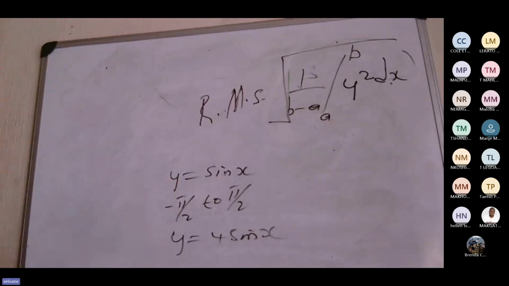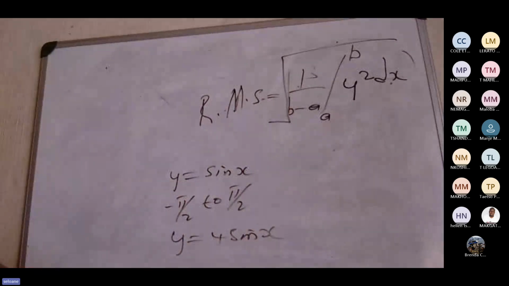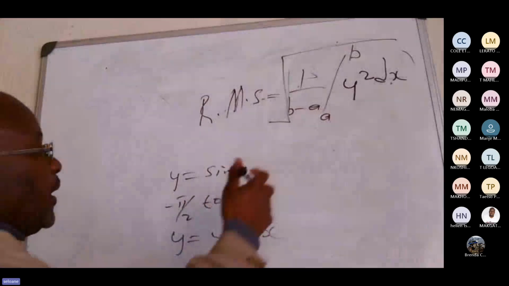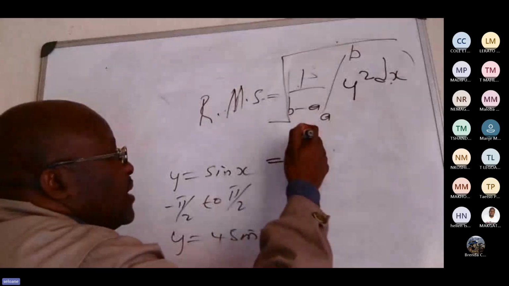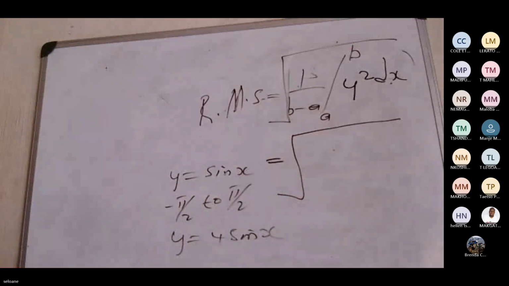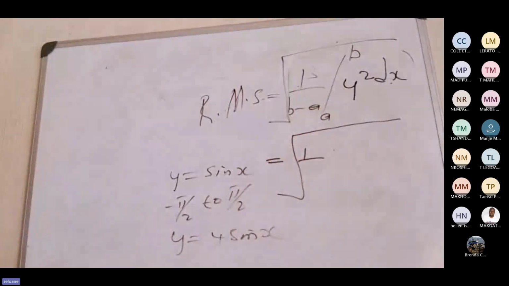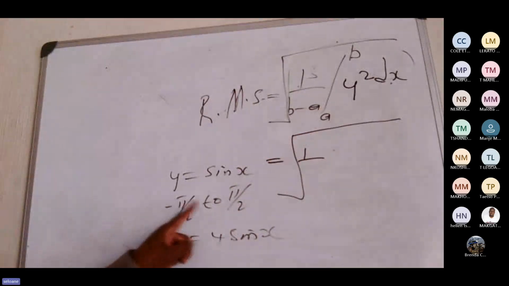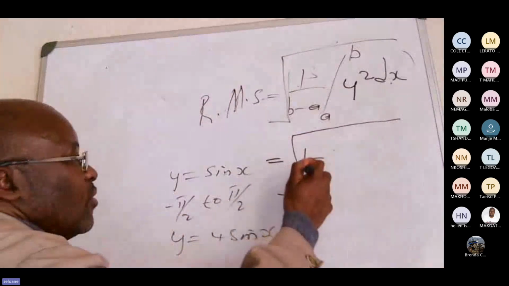So what is this now? Don't forget, we can just start with the first one. But let us go a little bit further and see what is going to happen. Now, this is going to be the square root of 1 over, we have said this and this, that is this minus this.